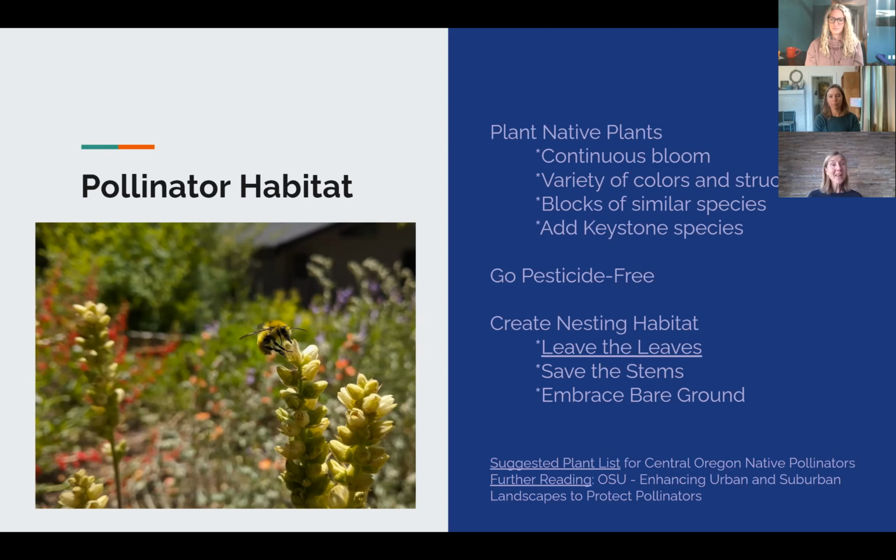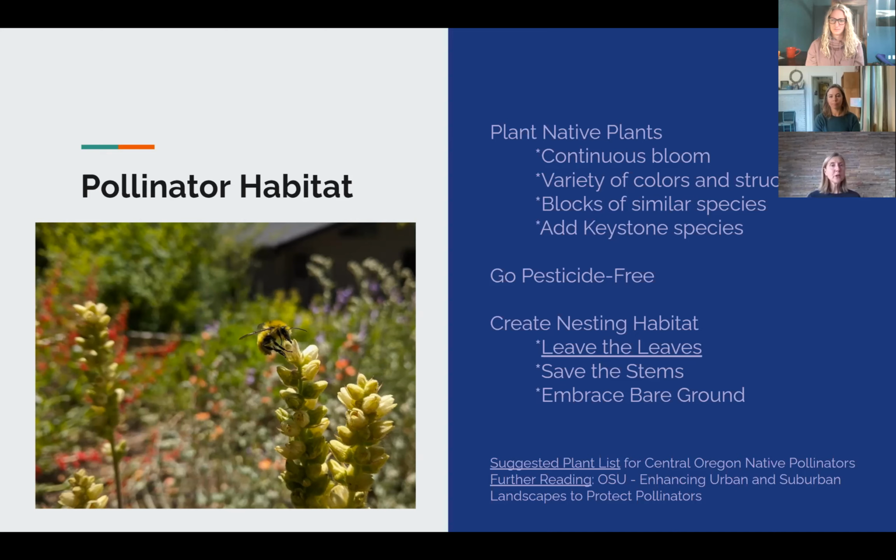We also have, again, the butterflies and moths that are laying their eggs and raising caterpillars on those leaves. They're on those leaves when they come down, or they are camouflaged within that leaf litter. So leaving leaf litter, even if it's only just in one particular corner of your habitat, is really important.